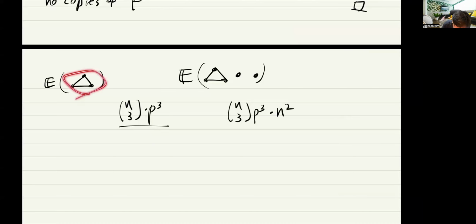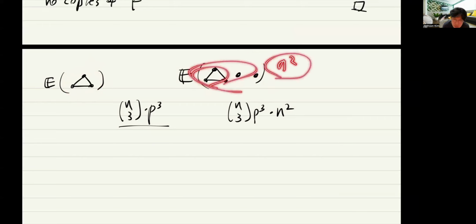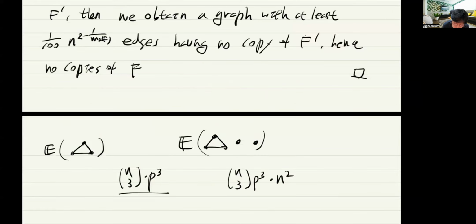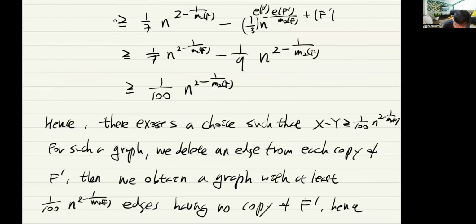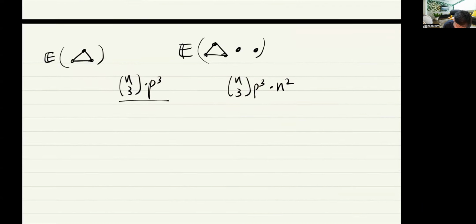The probability that this appears and this appears is the same. But once this appears, it is counted only once. Once the other appears, it doesn't matter what other two vertices you take. So as long as you have one, you have n squared of them. So the expectation is higher, so that the above computation gives you a worse number, because here we only consider the expectation.